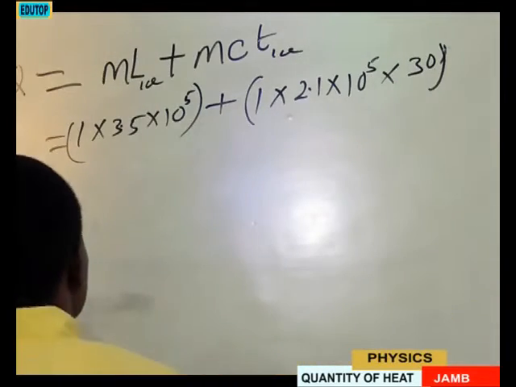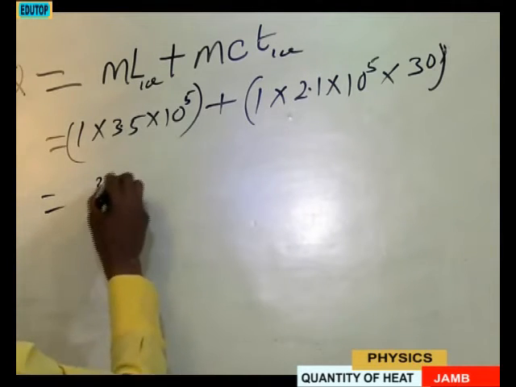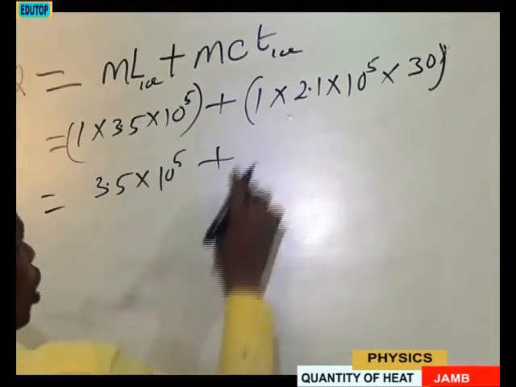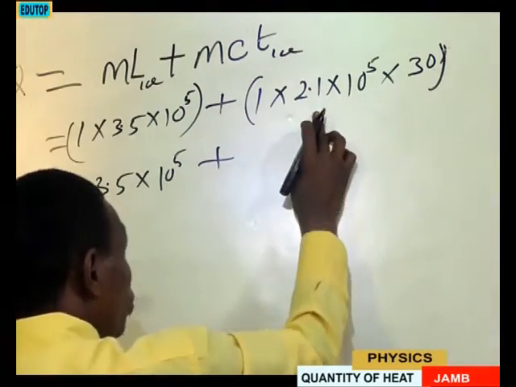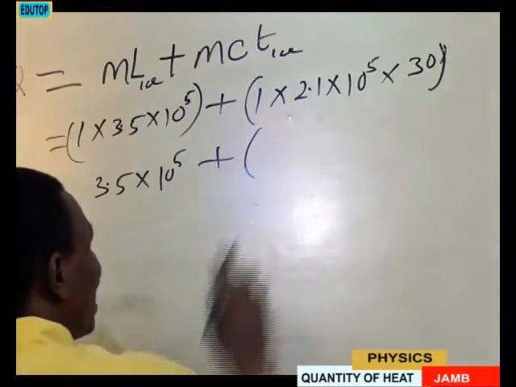Let's see what will be the value. So in this case, let's quickly resolve this. The first value, 1 times 3.5 times 10 to the power 5, plus this one will also give us 1 times 2.1, 2.1 times 30.